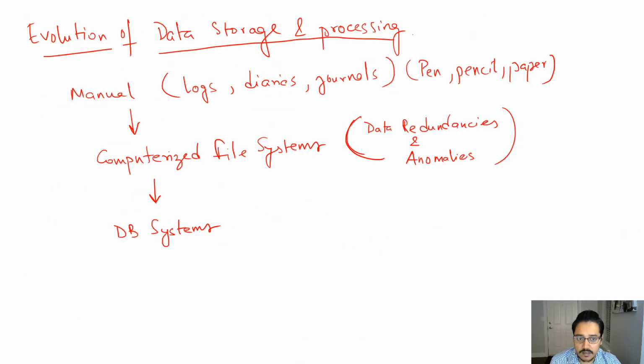And specifically what we are going to talk about is the problem that they had with respect to their management and their implementation. So let's look at some of the shortcomings that we had in the computerized file systems.